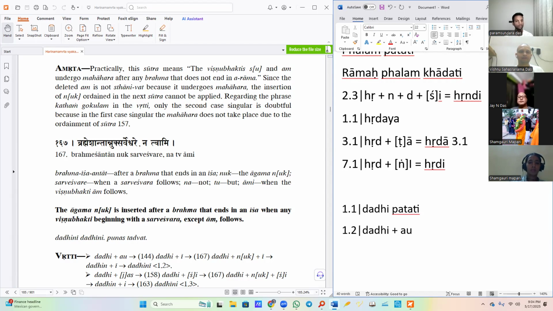So E is Isha, and then we have a Vishnu Bhakti beginning with Sarveshwara, except for Am. So we insert Nuk. We have Uk as indicating letters. Previously, we had a rule in the Vritti, Vamana Gopi Radhabhyo Nutami, that sutra, if you remember. There we had Nut.